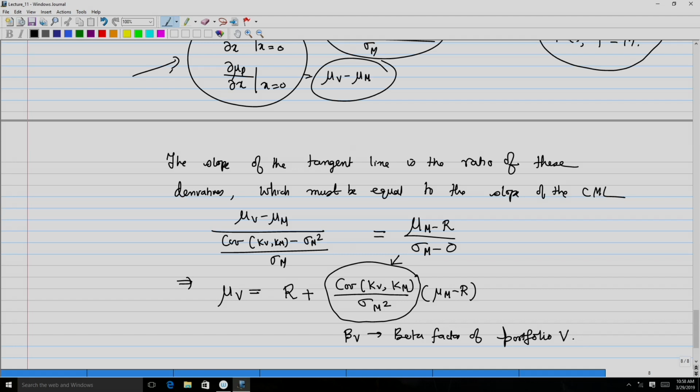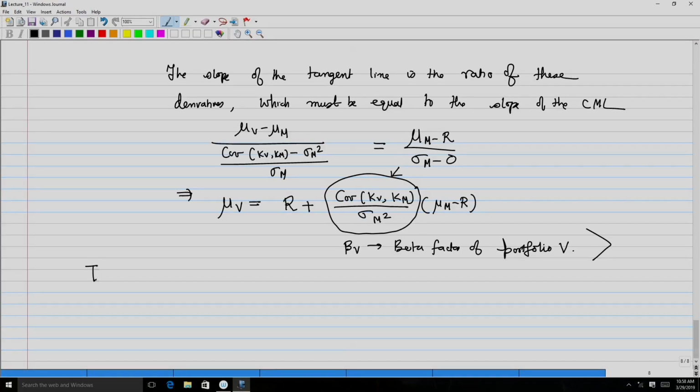So, we will now summarize the discussion that we have done so far in deriving this particular result as a theorem. So, the theorem is as follows, and this is the theorem of the capital asset pricing model or CAPM.